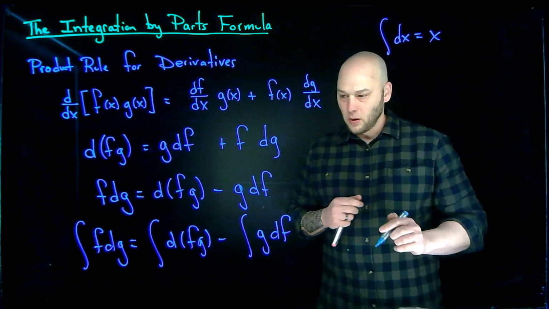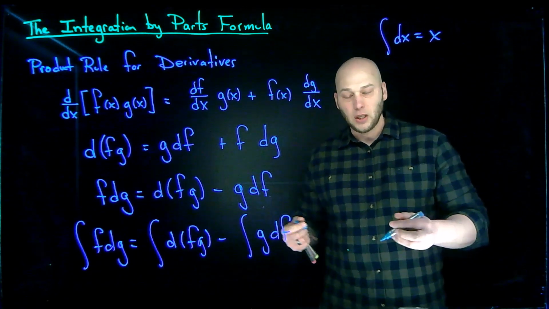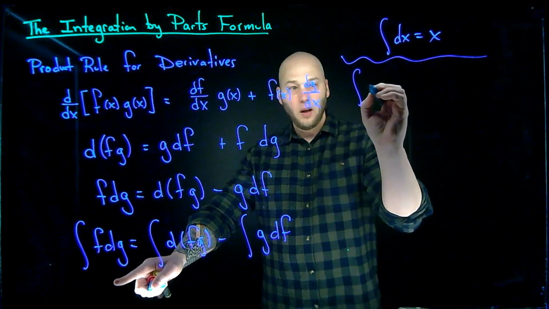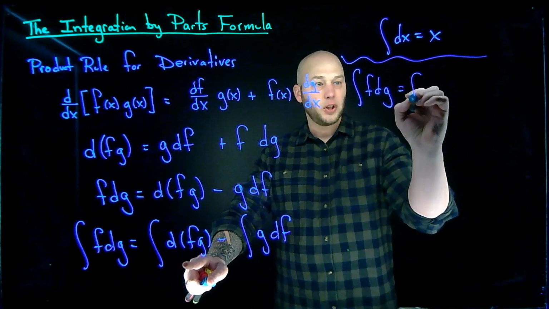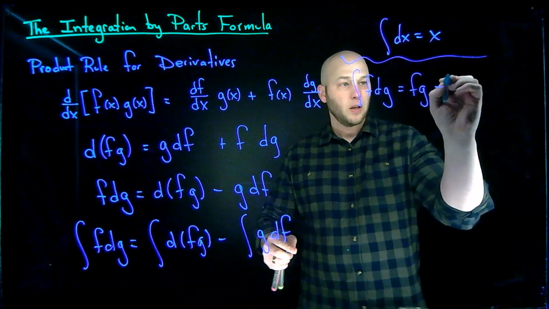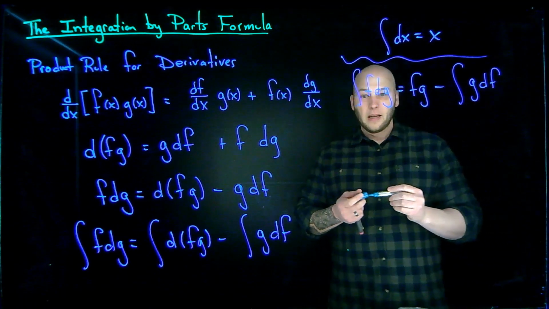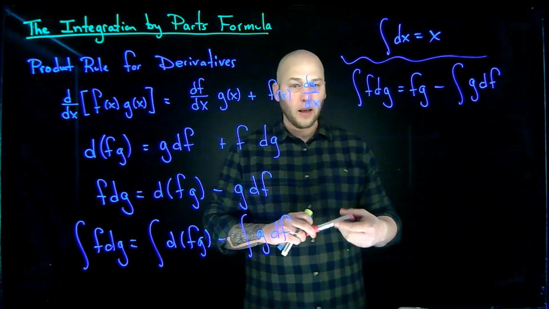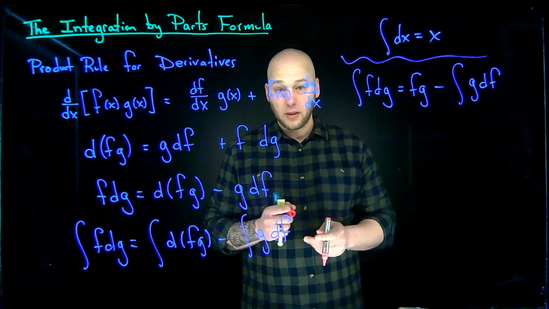So the integral of d(fg) is just going to be fg. That means what I have is the integral of f dg is equal to fg minus the integral of g df. Now I'm just going to relabel things to show you the integration by parts formula that you see in your textbook.